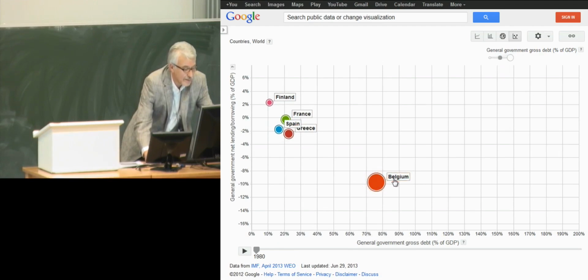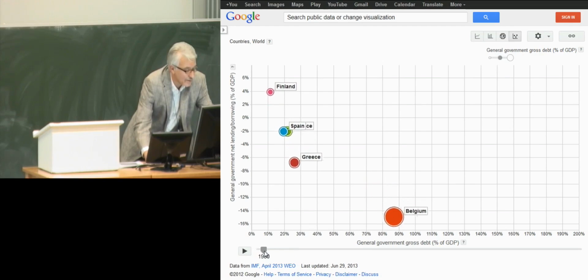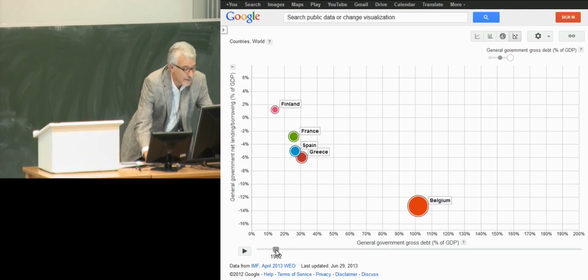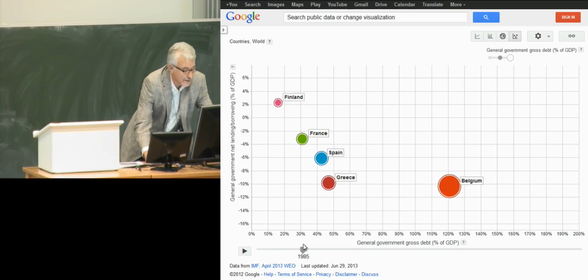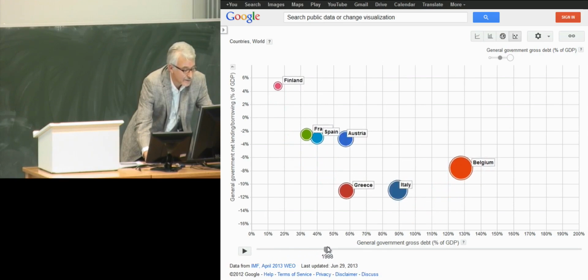The problem, one could say, is Belgium. Now we move through the decades. Belgium gets better in terms of annual borrowing, gets worse again, gets better a bit, but is still in 1985 a highly indebted country.